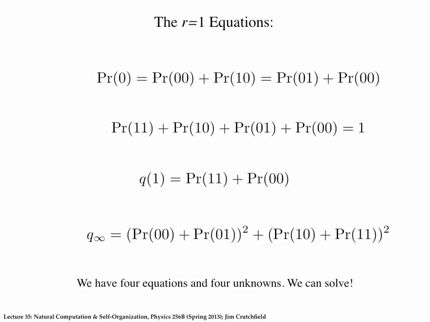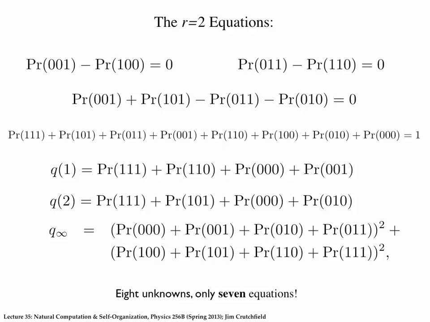Well, that's just the probability of 11 plus the probability of 00. And finally, this last one is Q infinity, which I showed. So in fact, we can solve this. We have 4 unknowns and 4 equations. One of them is a little bit nonlinear, but we can solve equations. We can do it.